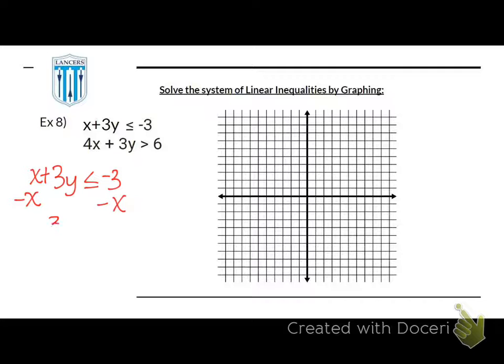Subtract x on both sides, and then divide by 3. If you need to see a number in front of the x, what would it be? 1, or a negative 1 in this case. So y is less than or equal to negative 1/3 x minus 1.